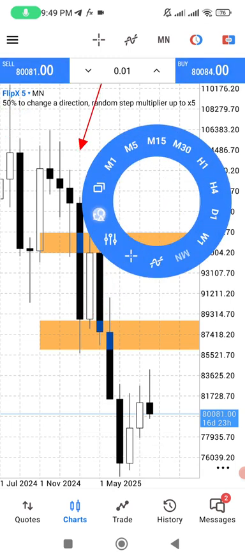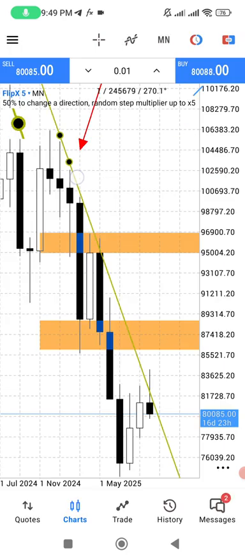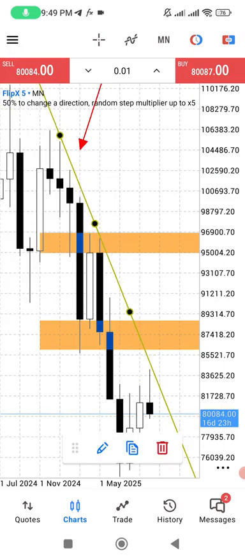Other thing is, if you can draw the trend line within this time frame, you'll be able to notice that the slope of this trend line, if you know how to calculate slope, is sloping downwards, so it's negative.